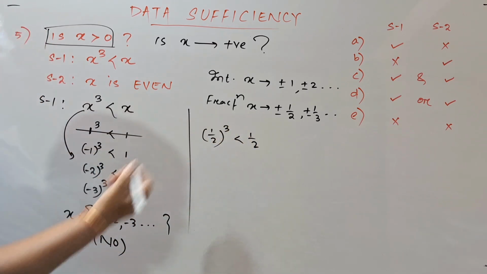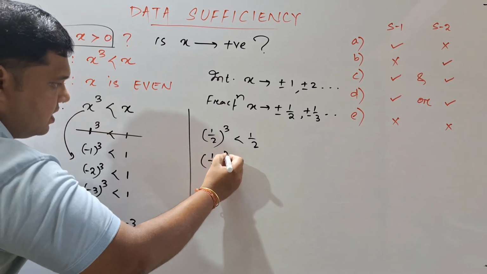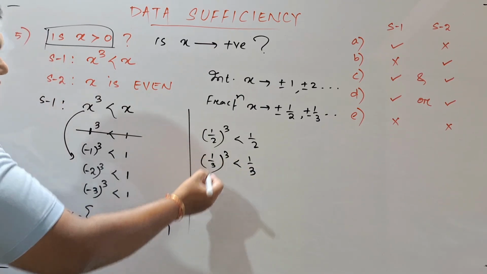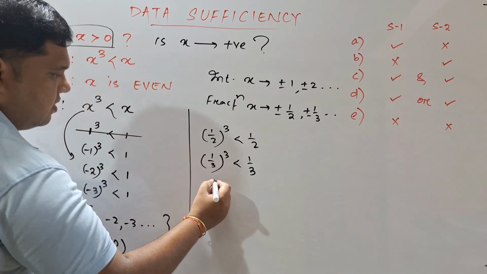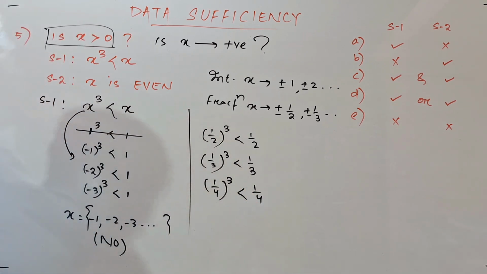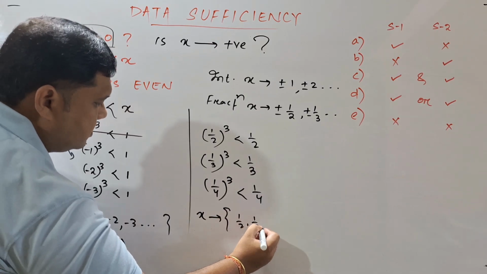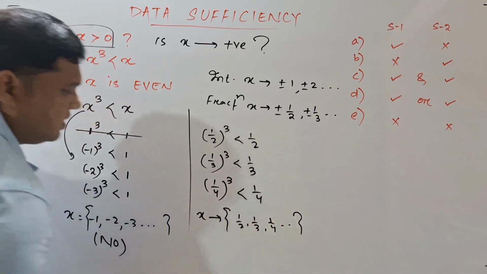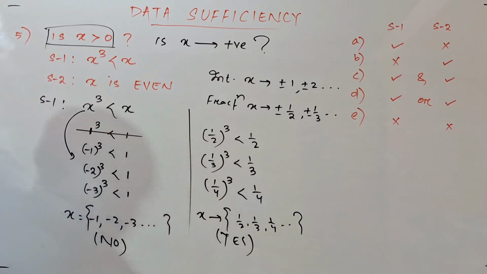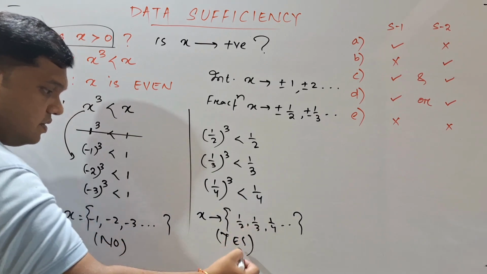Similarly 1 by 3 cube is 1 by 27, less than 1 by 3, clear? 1 by 4 cube is also less than 1 by 4. So possible values of x are 1 by 2, 1 by 3, 1 by 4 and so on. Is x positive here? Yes. For a few values of x you said no, and for a few values you said yes.